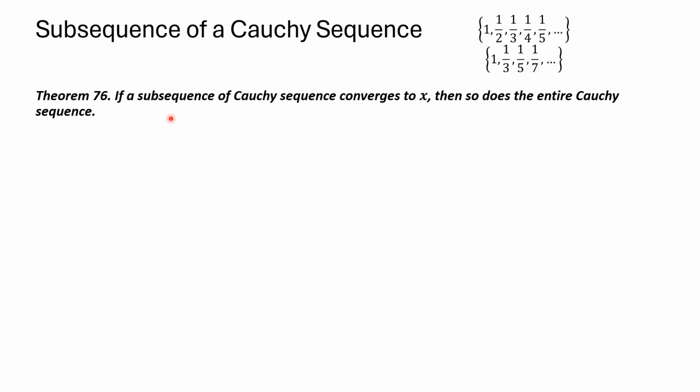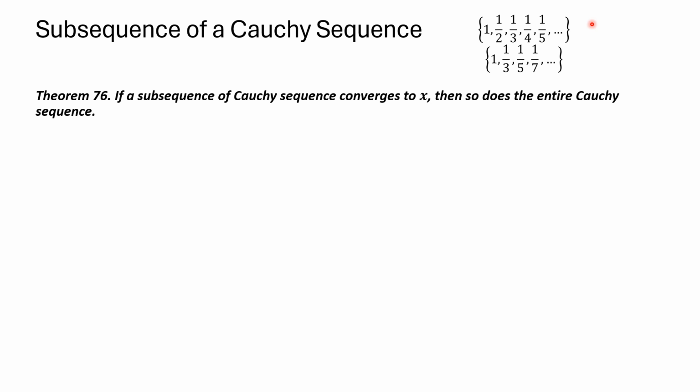So our theorem is that if a subsequence of a Cauchy sequence converges to x, then the entire Cauchy sequence also converges to x, which may seem obvious. So in other words, if in this example up here, this subsequence converges to 0, and if you believe the theorem, which is true, then it would say that this larger containing sequence also has to converge to 0.